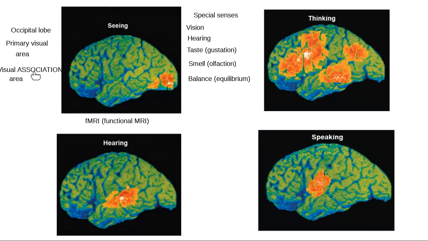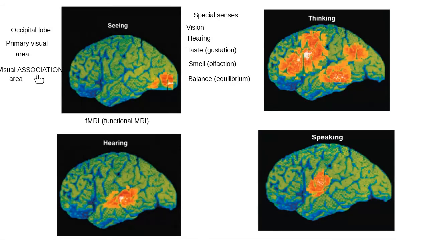The visual association area is going to help me to process or make sense of what I'm actually seeing. So the primary visual area is where I send information that comes in through my eyeballs. The visual association area helps me to figure out what exactly it is that I'm seeing.